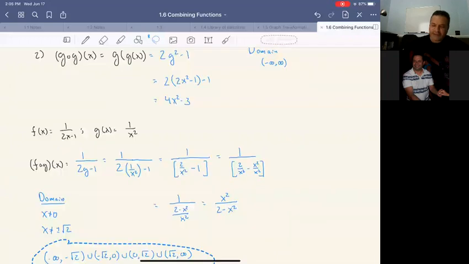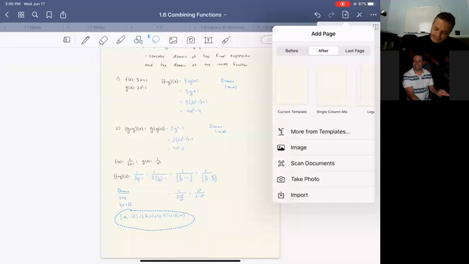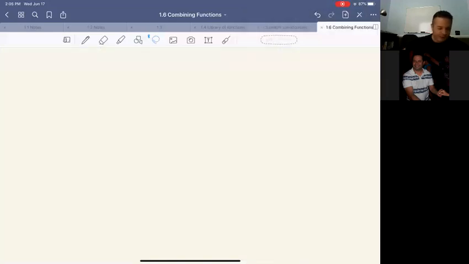Let's just go on because I want to keep going here. Let's just remember what our f and g were. Same f and same g. So f of x was 1 over 2x minus 1. G of x is 1 over x squared.